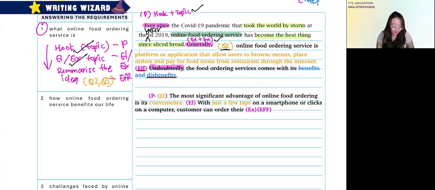All right, customer can order their favorite meals. Such as, try to give some example.